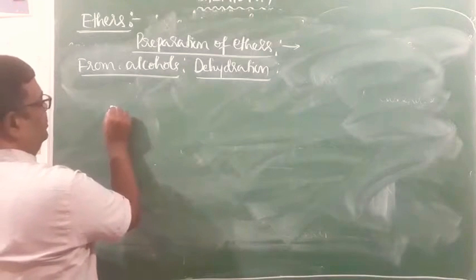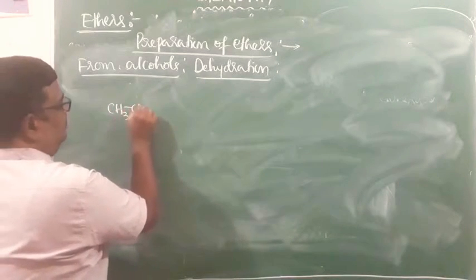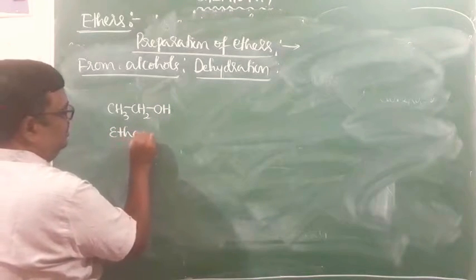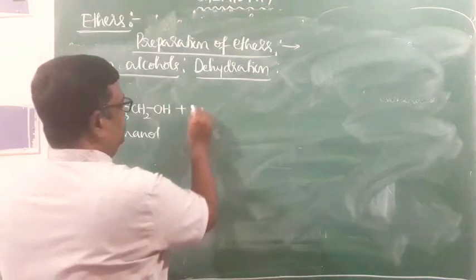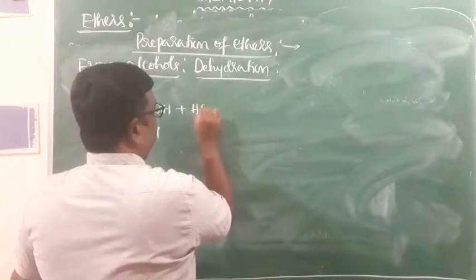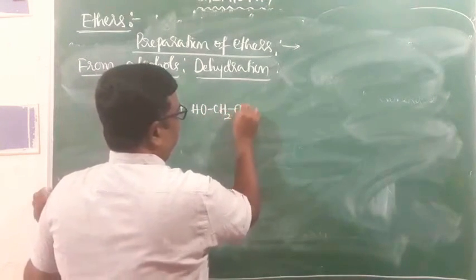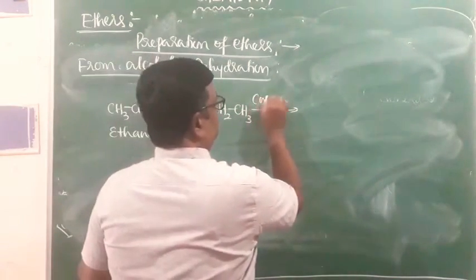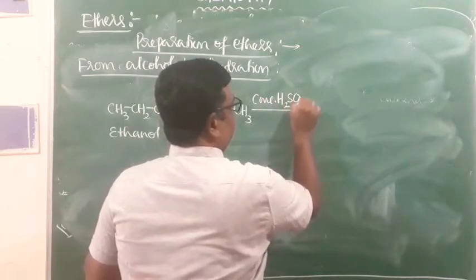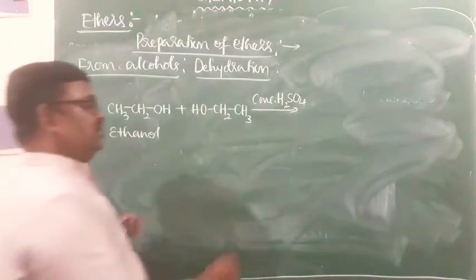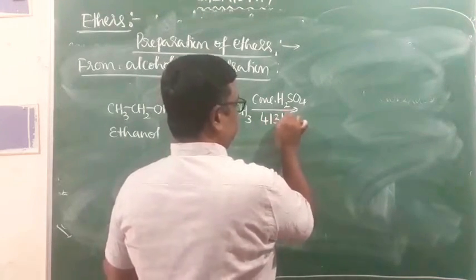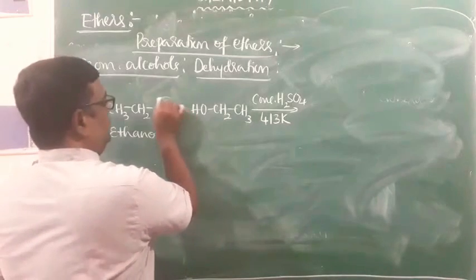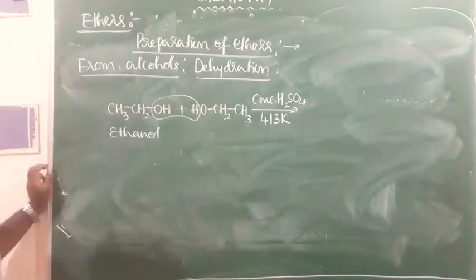Look at this, when ethyl alcohol, or ethanol, is heated with concentrated sulfuric acid, one of the dehydrating agents, at low temperature, that is 413 kelvins, dehydration takes place between 2 ethanol molecules.